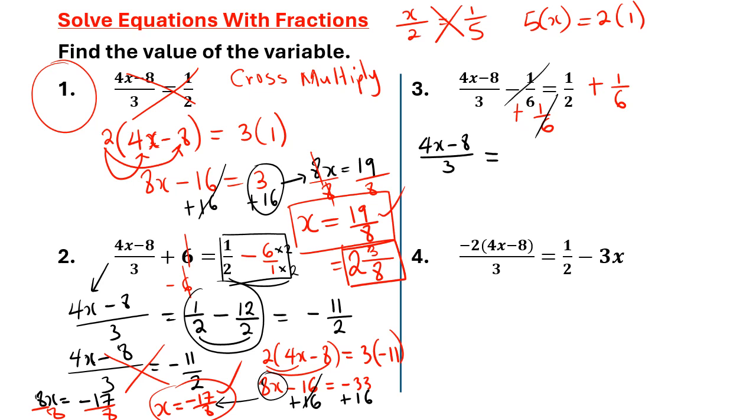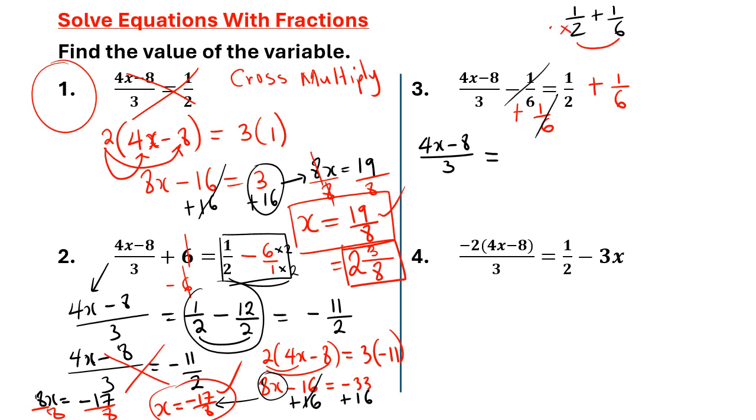So 1/2 plus 1/6. We need to figure out how we can add this fraction. Let me take this away so I have enough room to do that. What is 1/2 plus 1/6? So what I'm going to do here is make sure I have the same denominator.